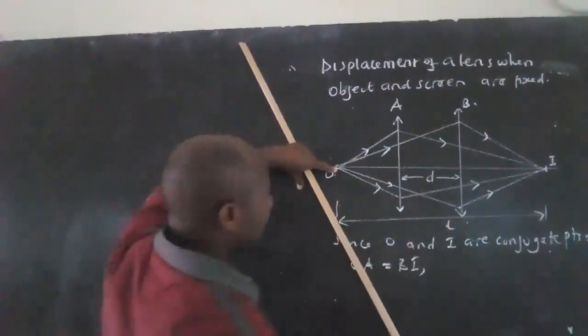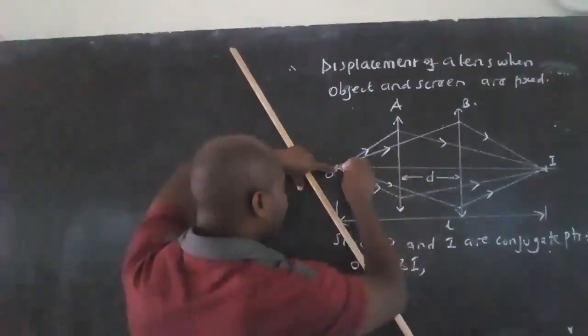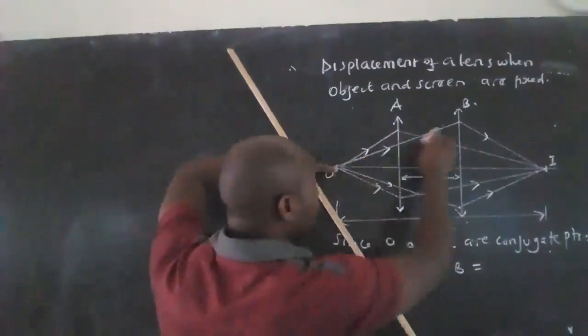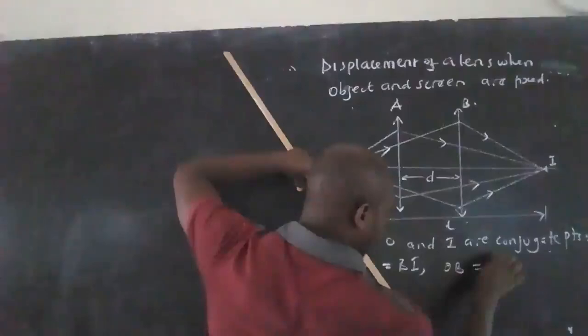That's one. Then another, let us look at the position in here, at B. From O to B is the same as A to I.